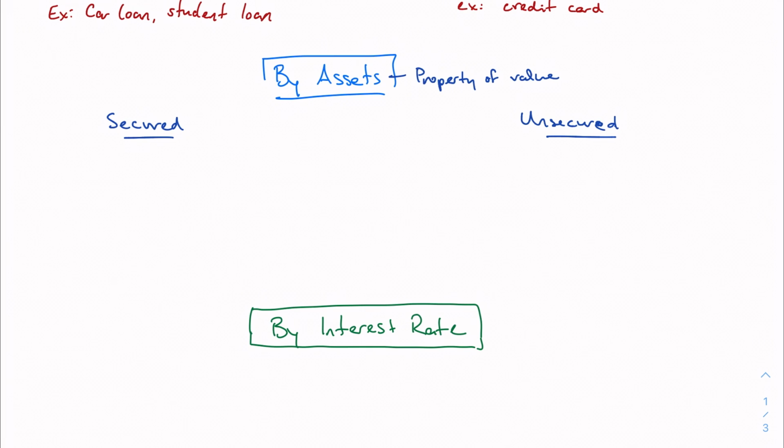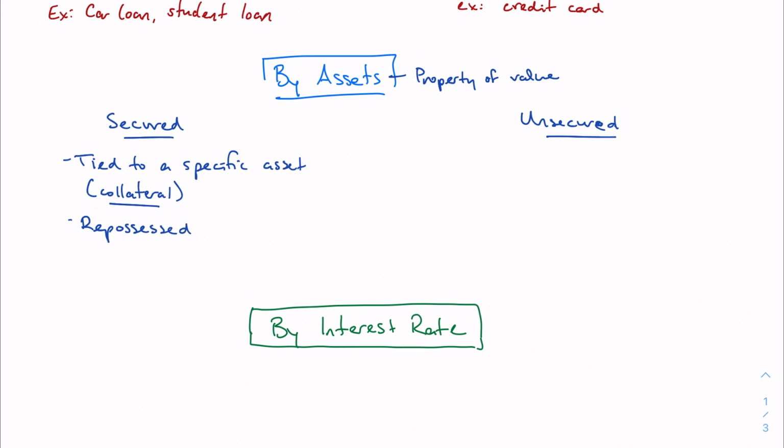What's it protected by? It's protected by something called collateral. So secured debt is tied to a specific asset, and we call that specific asset, that thing, collateral. And that collateral is repossessed if the debt is not repaid.